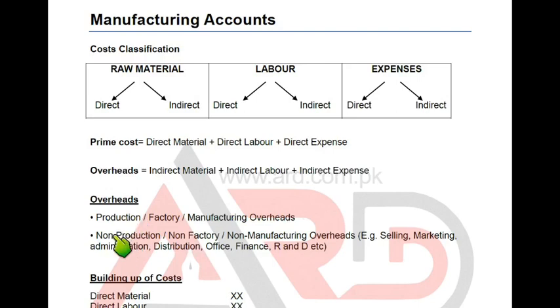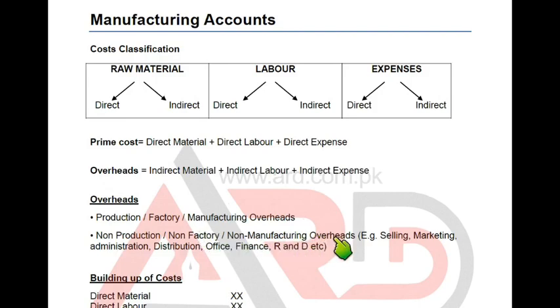Non-production overheads are costs that are not incurred during production, meaning they are incurred before production or after production. These are not incurred on the factory floor, meaning these are incurred in some other departments which are support departments.